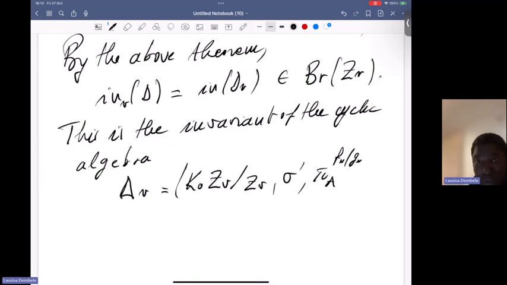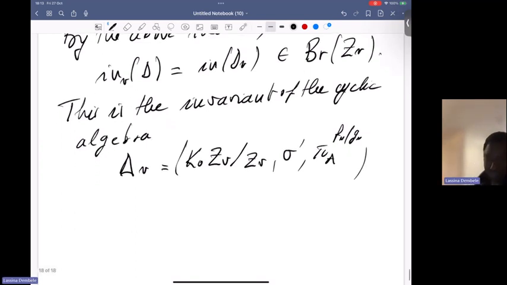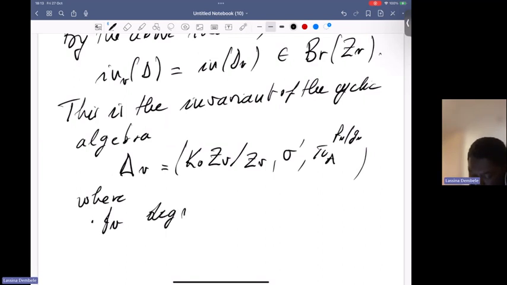And I'm going to say what these notations are. Here, f_v is the degree of the residue field of Z_v.